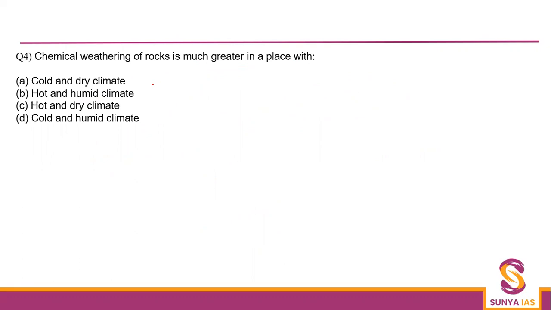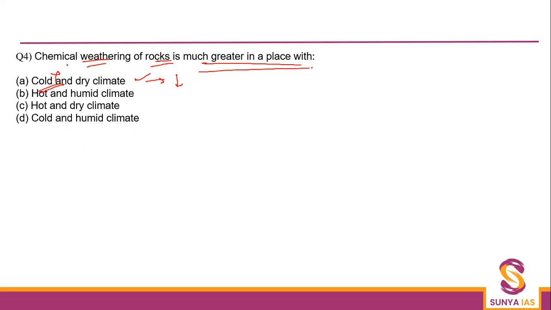The next question says that chemical weathering of rock is much greater in a place with... This is what the options are about. The first statement says cold and dry climate. Cold and dry climate will not be the answer, because the reaction in a cold climate goes down drastically.